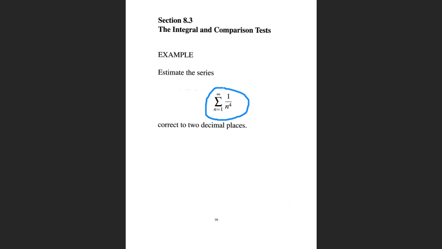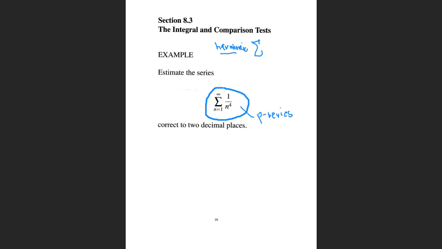Is it a harmonic series? It's not geometric. A P series is not a geometric series. Geometric series and P series are different types of series. It's not a telescoping series either. It's a P series.